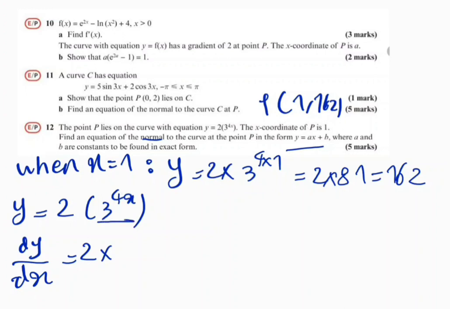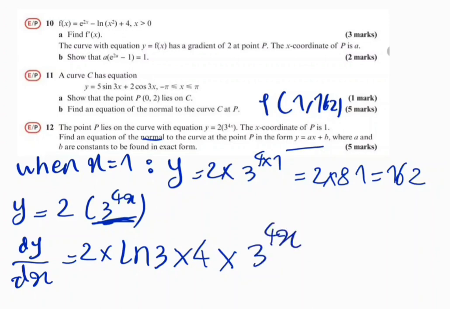Here is the important bit. When we have functions in this form, we can start by writing down the natural log of the base. That's always the first thing we do, times the derivative of the power. The derivative of 4x is 4, times the entire function, 3 to the 4x. So it has basically 3 parts.